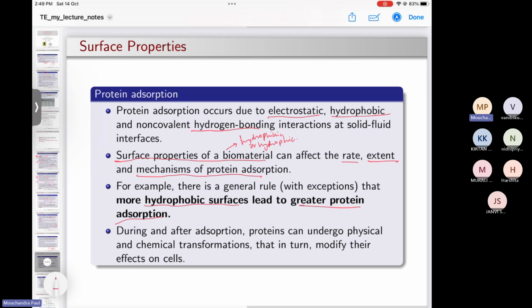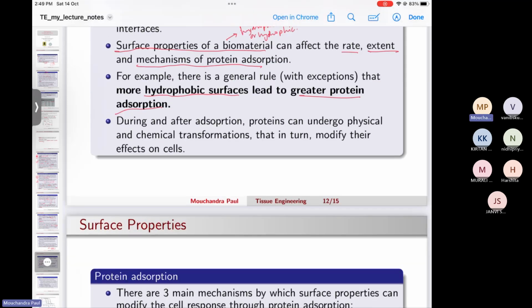It means a large amount of protein will adsorb, or you can imagine the majority of the surface will be covered by protein if the surface is hydrophobic. People have also observed that during and after adsorption, the protein can undergo conformational transformations, and that in turn affects how the cell will adhere on the surface.